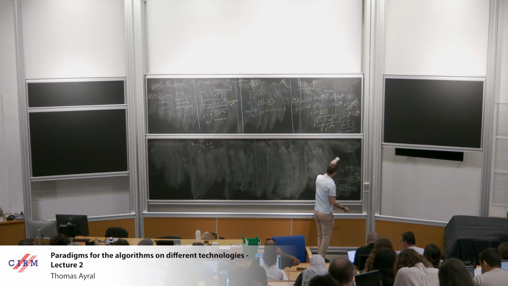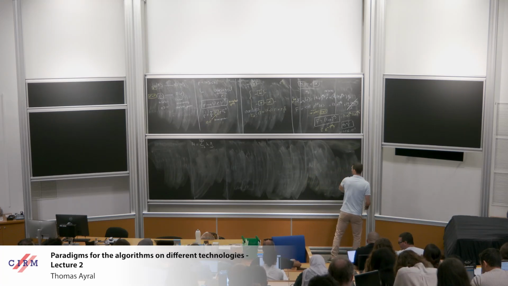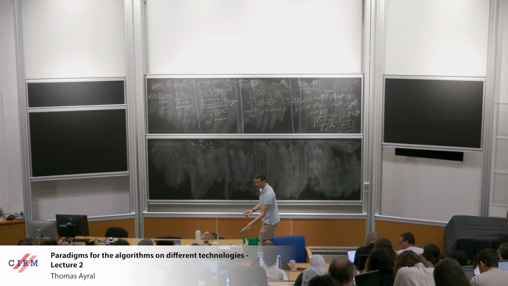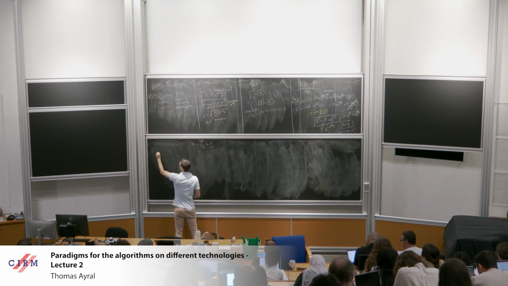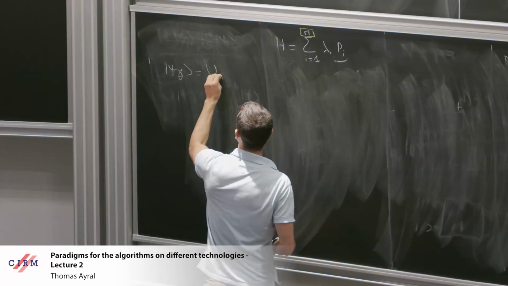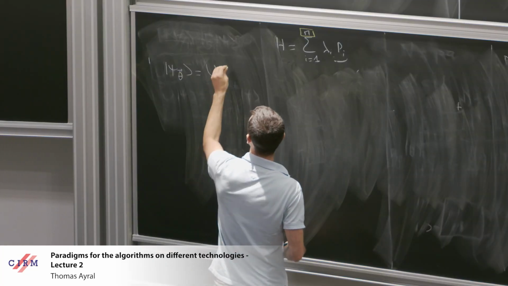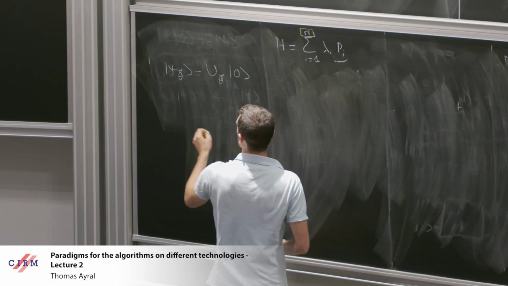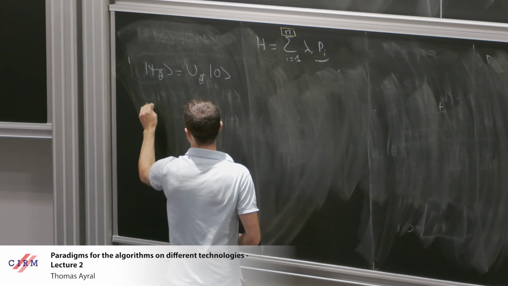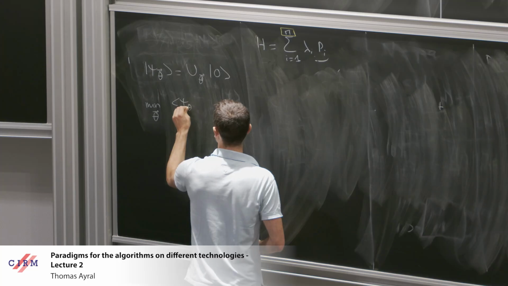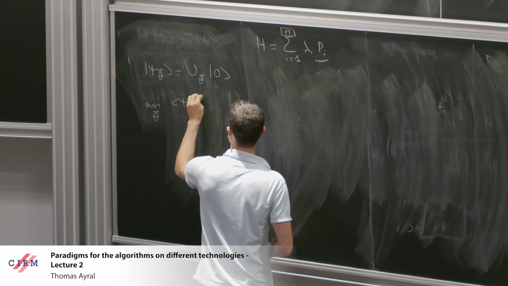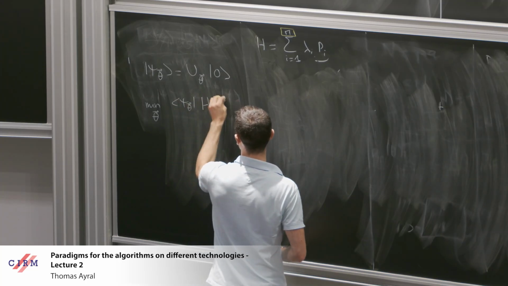And you use an old method that is used a lot in math and physics, which is called the variational method or variational principle. You create a wave function that depends on a parameter or several parameters theta. And then you try to minimize over theta the value of psi theta h, where h is a Hamiltonian that you want to minimize.